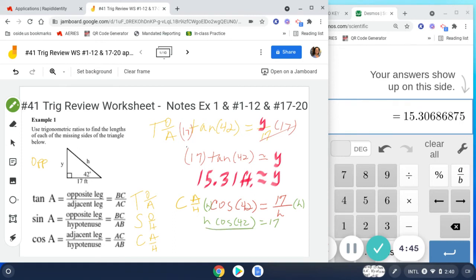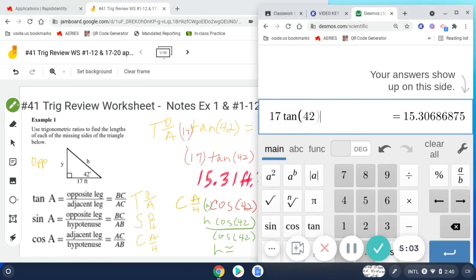And then there's an additional step of dividing by the cosine of 42. So when we plug it into Desmos, it's going to be 17 divided by the cosine of 42. Anytime we have a variable in the denominator that we're solving for, we know there's going to be a division happening.